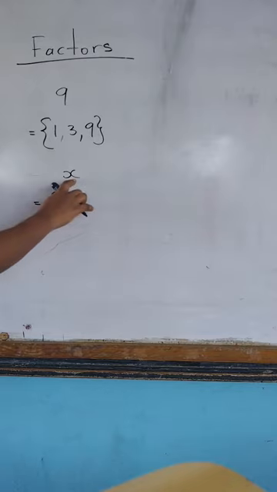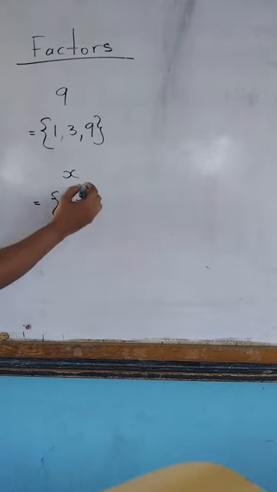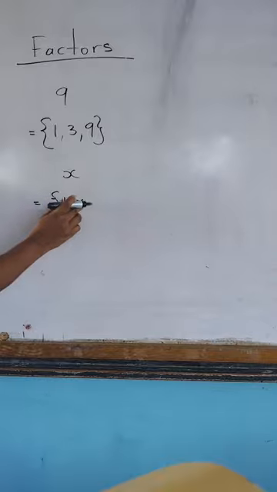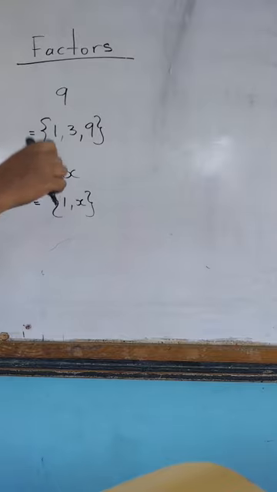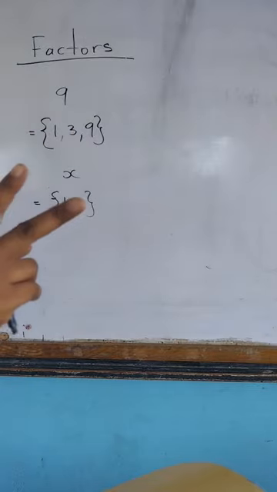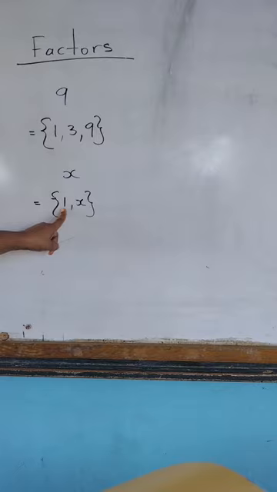So since this is X, the next factor that I'm sure of is X. Therefore, if I have a variable and I want to know what the factors of that variable are, there are 2 factors I'm sure of. One is the number 1 and the other one is the variable itself, so I can say 1 is a factor and X is a factor.